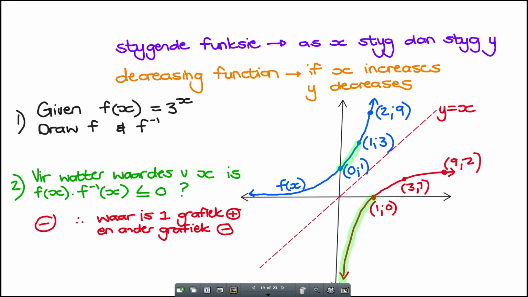Okay, this top graph, the blue one, was positive everywhere because it's at the top of my axis. So that whole thing is positive. So the deal breaker here was the inverse graph. Now I need the inverse graph to be negative because positive times negative will give me this negative. Now this whole arm here is negative up until that point where x is 1.